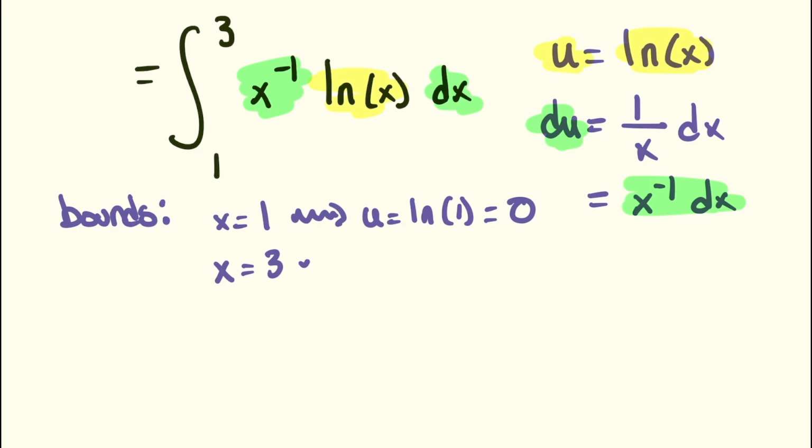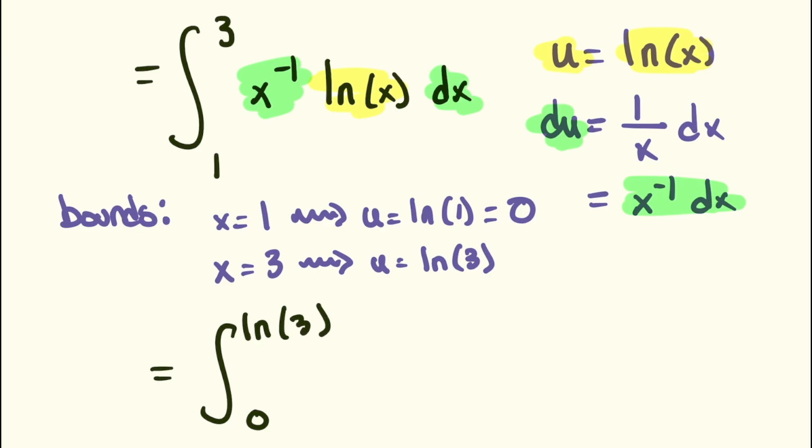Our old upper bound is 3, which means our new upper bound is natural log of 3. And you'll notice that if you punch natural log of 3 into your calculator, it's going to come up with some number, and we really don't care what that number is. So we're just going to leave it as natural log of 3. So this gives us our new integral from 0 to natural log of 3, and we are left with a u du, and that's it.